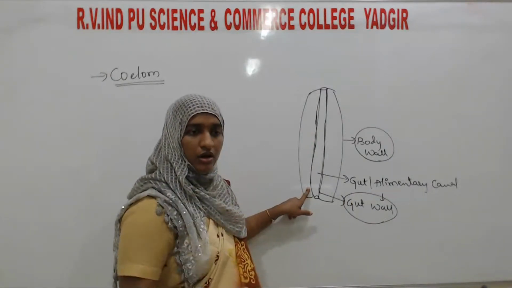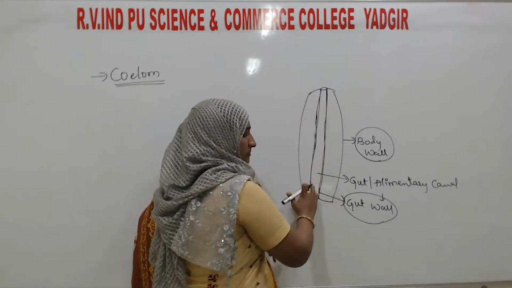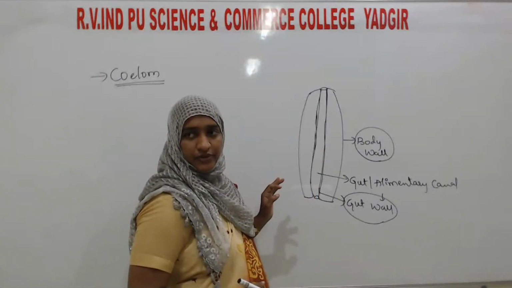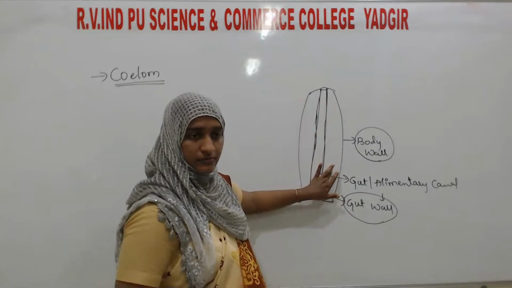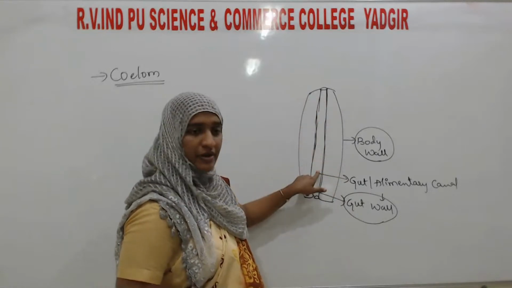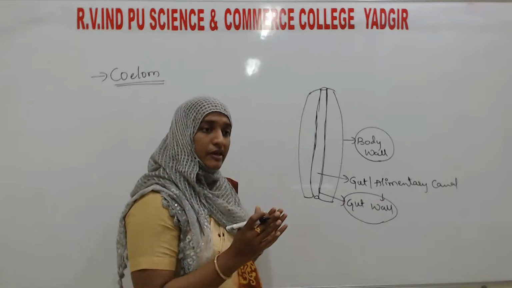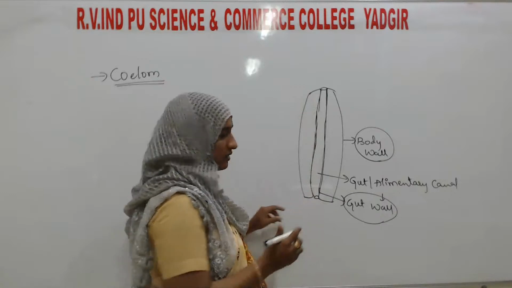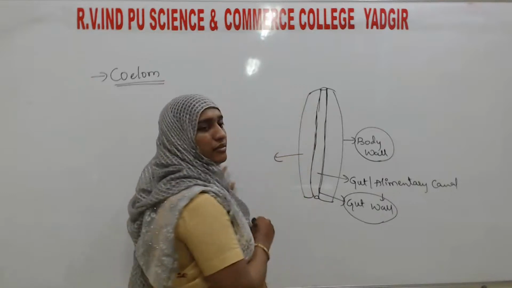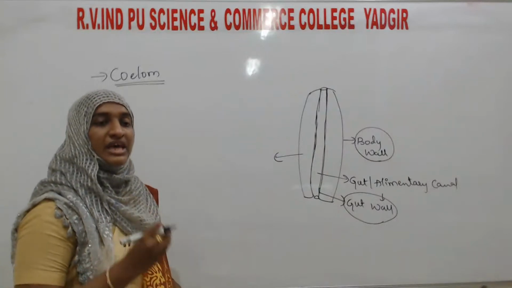In between the wall of the digestive system and the body wall there is a space. You can see a space here, here and here. Here the digestion will be performed. Whatever space is in between the body wall and the gut wall, we can call it the coelom, or the cavity.